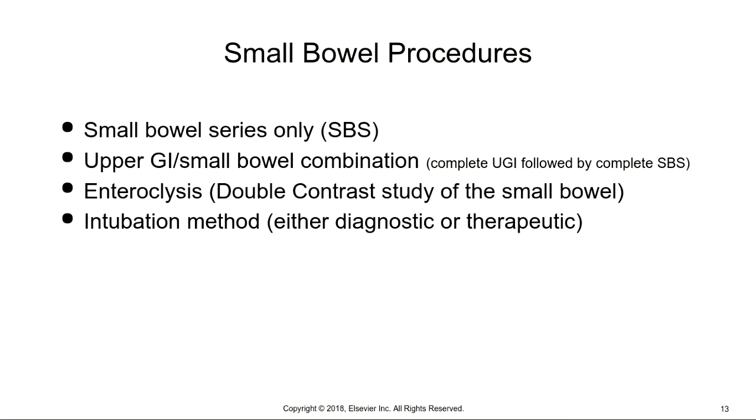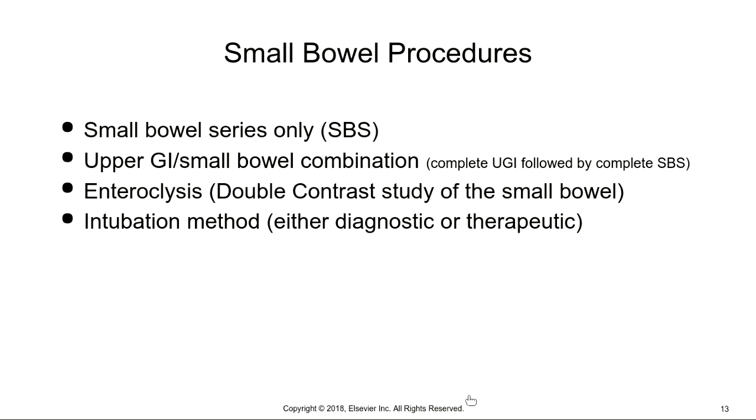All right, as far as the small bowel procedures, there are different procedures that are done to visualize this. We have the small bowel only series, which is usually referred to as an SBS, and that actually is on page 498. Then we have what's called an upper GI small bowel combination. It's usually called an SBFT.